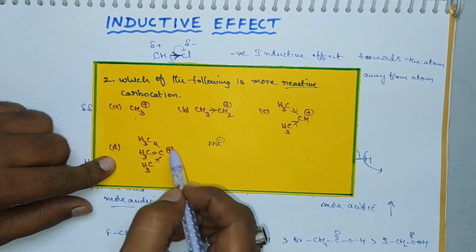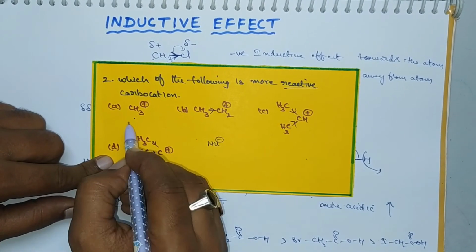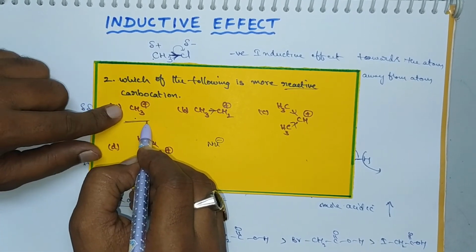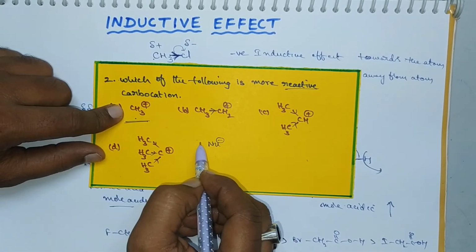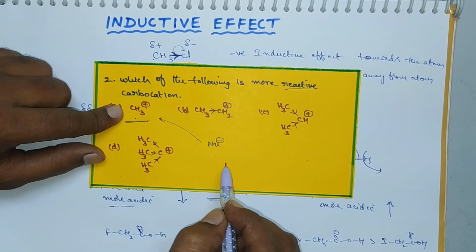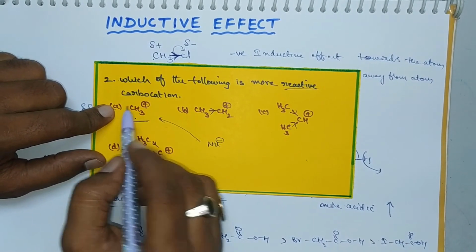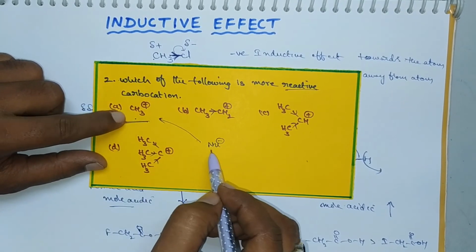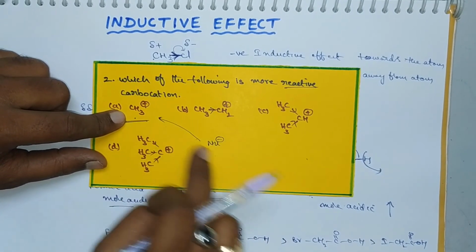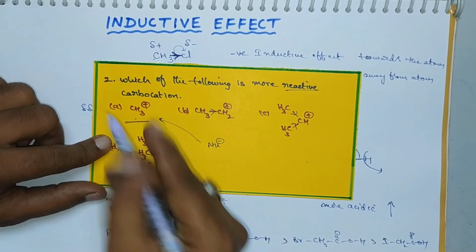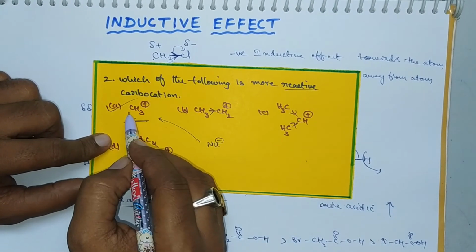Among these 4, the inductive effect is very less here. So this methyl carbocation can be easily attacked by this nucleophile. That means the reactivity of this one is more. So the reactivity of CH3 plus is more towards nucleophilic attack. So that's why this is more reactive.